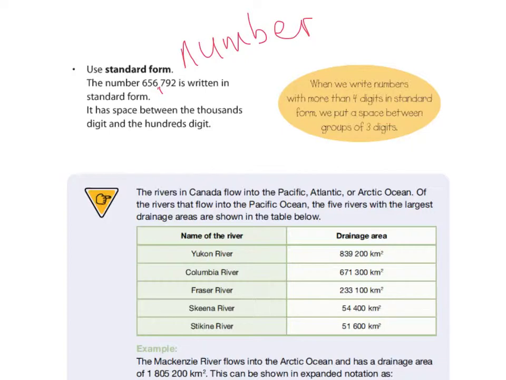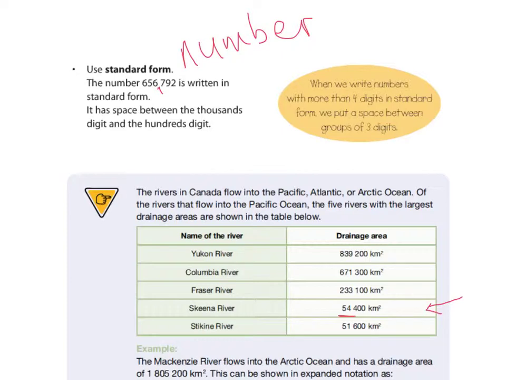So this would be the units section, this would be the thousands section, and we could continue and have the millions section if we had a larger number. So we must put a space between groups of 3-digit numbers. When you are looking at a large number, however, sometimes numbers like this one don't have 3 digits in the front, and that's the only place you can have less than 3 digits.